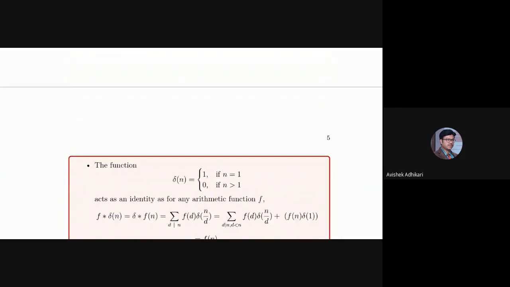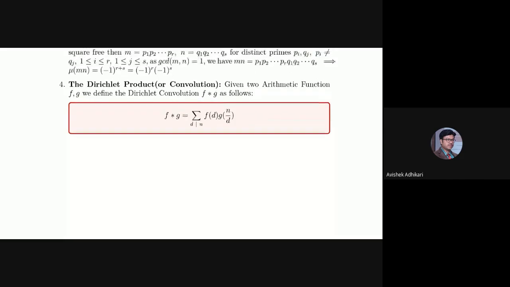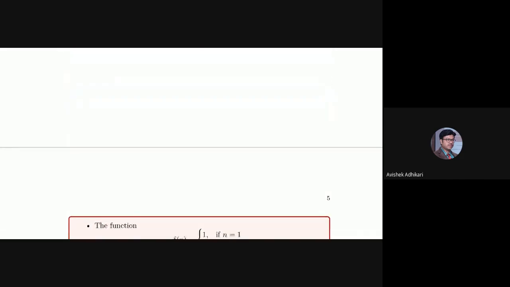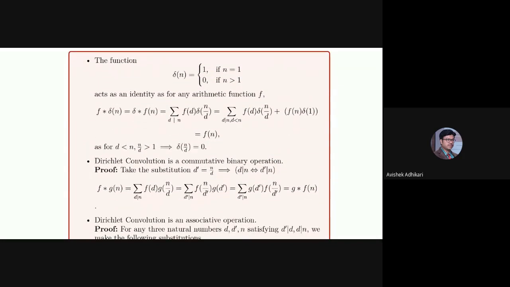Now we are going to try to prove that this Dirichlet product operation forms a ring with respect to the set of all arithmetic functions. For that, let's move on a little further down, and see if the operation is commutative or not.